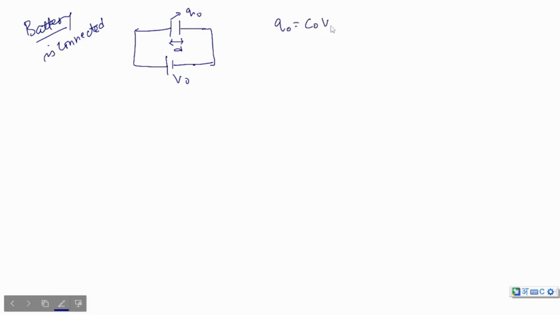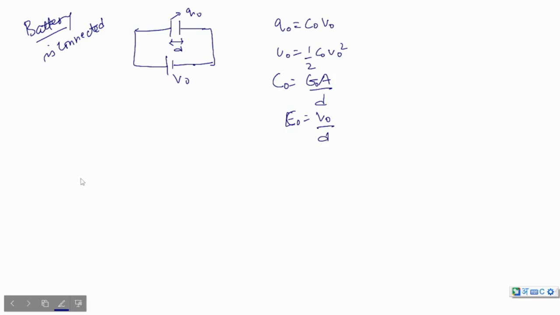This is basically a summary. Q naught will be C naught into V naught. Energy will be 1 by 2 C naught V naught square, right? C naught will be epsilon naught A by D, and electric field you can say V naught by D.